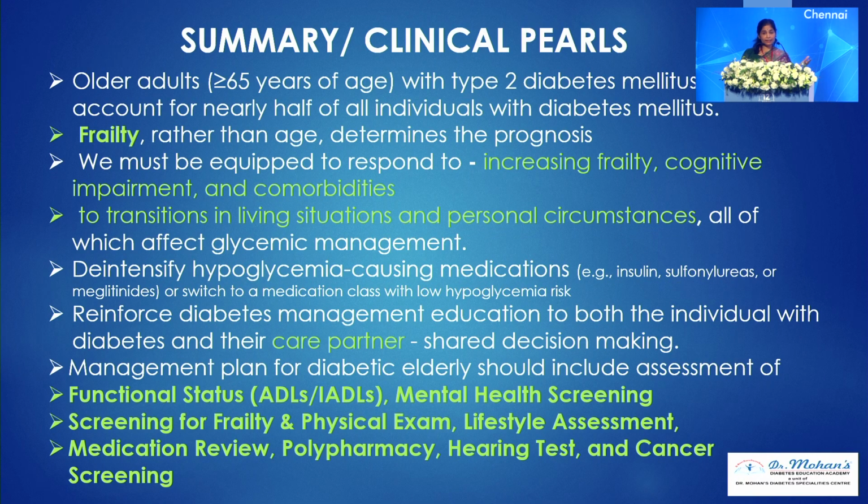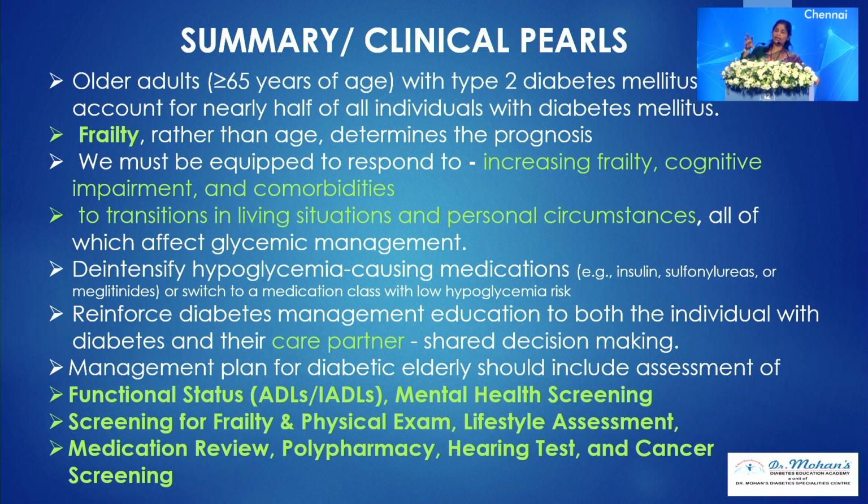So moving on, ladies and gentlemen, to the clinical pearls. You're going to see more and more elderly in your clinic hereafter. Consider frailty rather than the age, which determines the prognosis. We also have to be equipped to look at the increasing frailty, cognitive impairment, and other comorbidities which can affect.